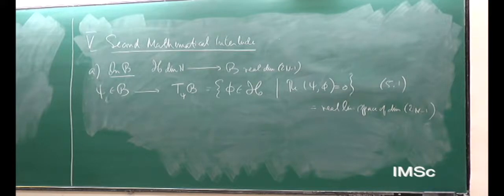Real part of psi phi 1 is 0, real part of psi phi 2 is 0. If you were to take a complex combination of phi 1 and phi 2, you would destroy this condition. If you want to preserve this, you have to take real combinations only of phi 1 and phi 2, and such combinations will also belong to this tangent space. I hope this is clear.